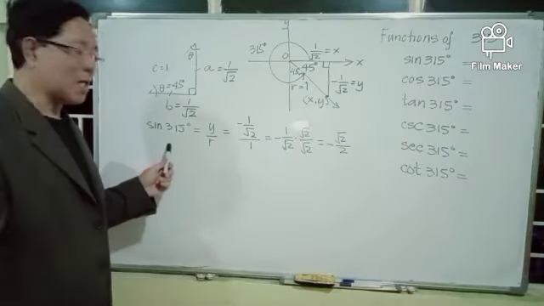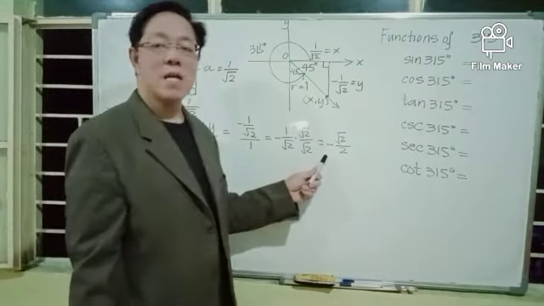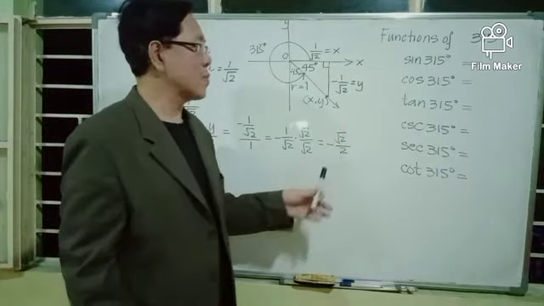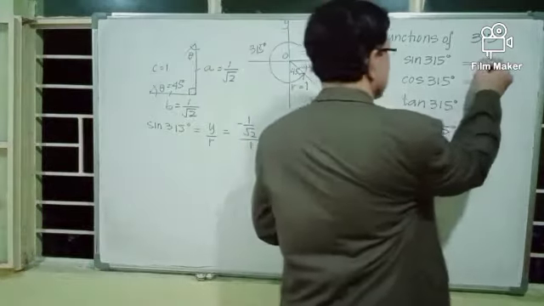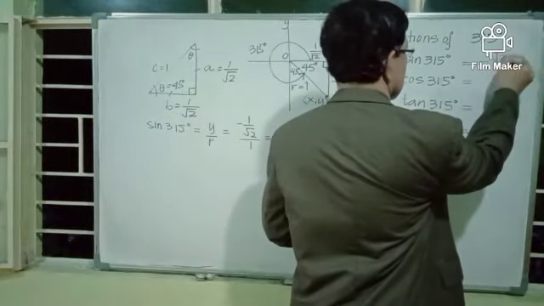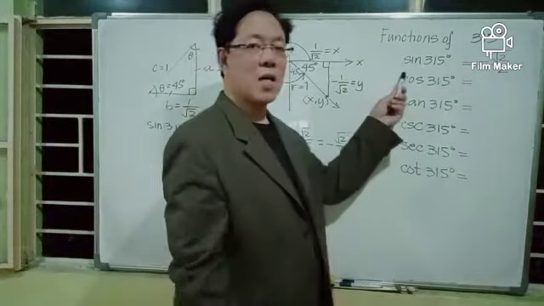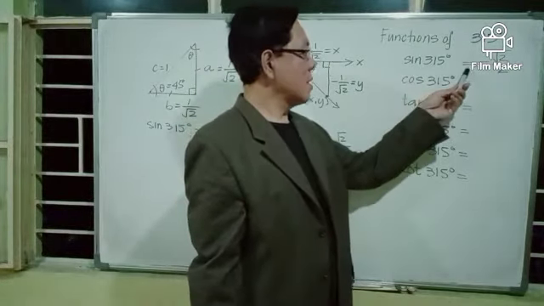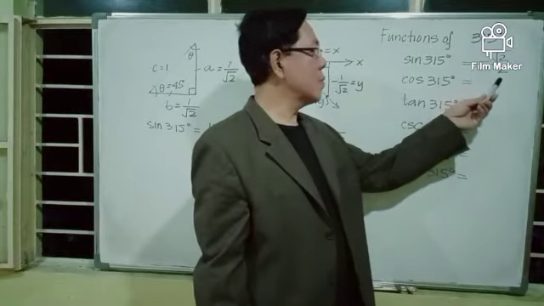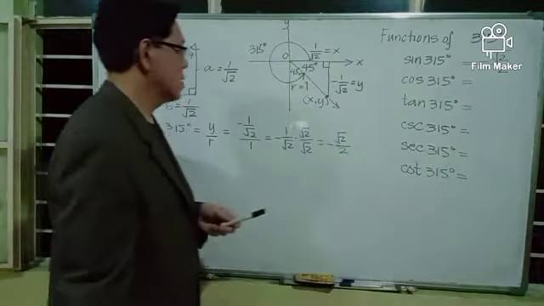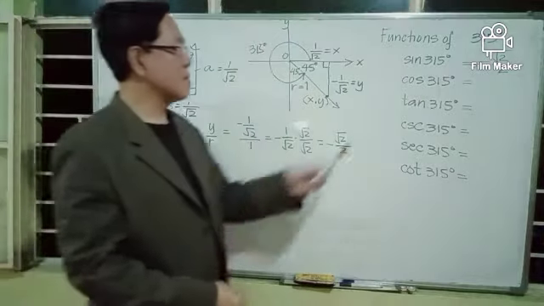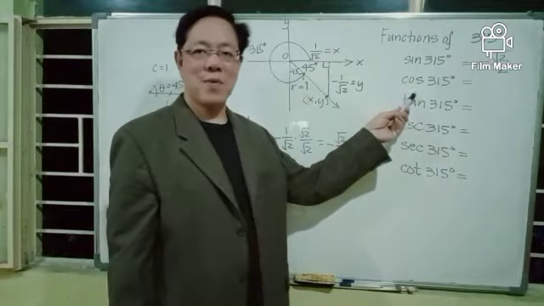Thus, the sine of 315 degrees is equal to negative square root of 2 over 2. Next, we find the cosine of 315 degrees.